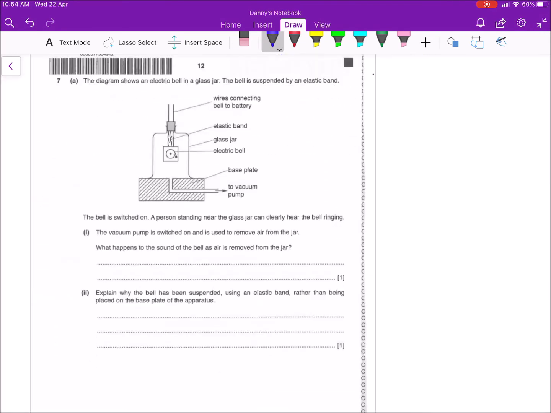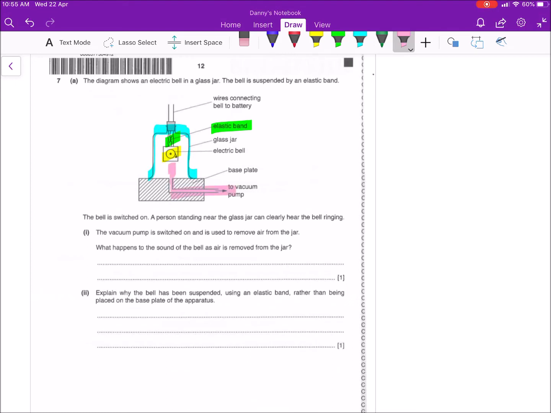Okay, finally for question 7, you are given a bell suspended by some elastic band. So this elastic band will absorb the vibration from the bell, so that the jar will not vibrate. And then after that you have a glass jar covering it, and this glass jar is linked to a vacuum pump.